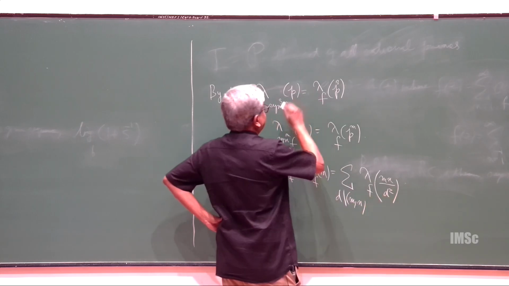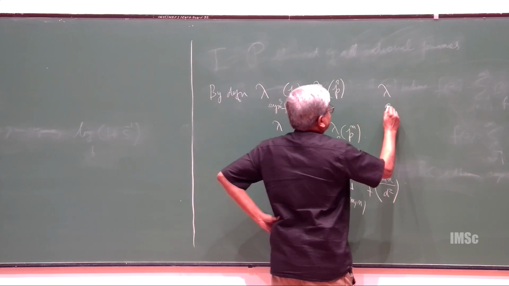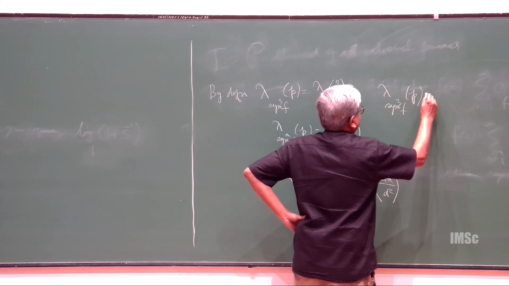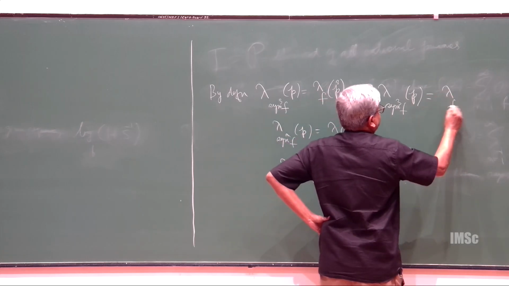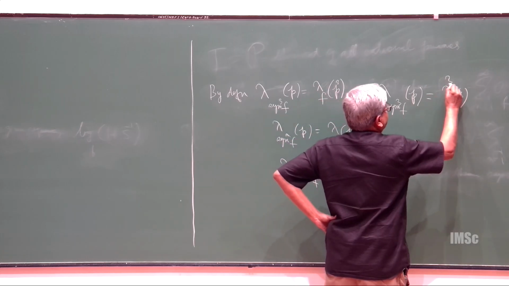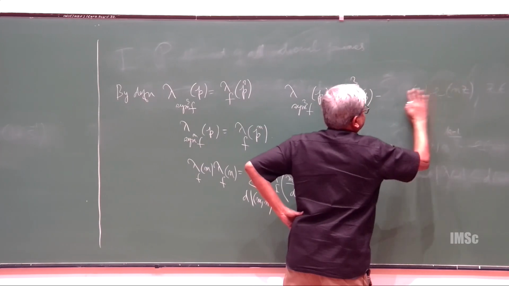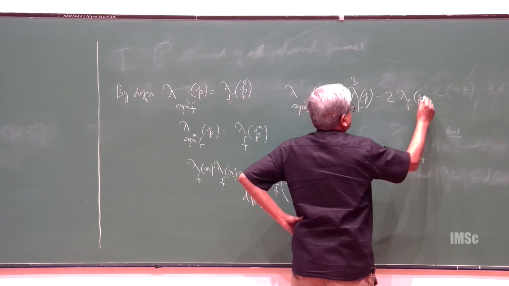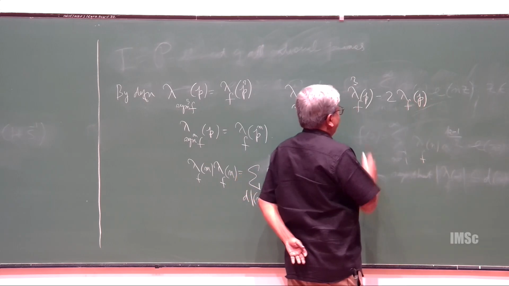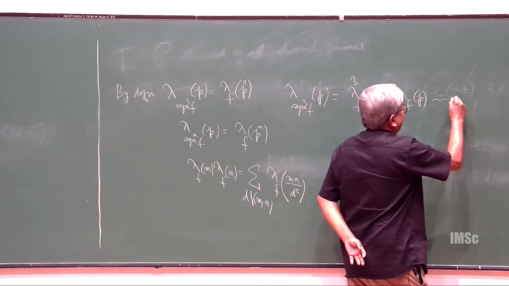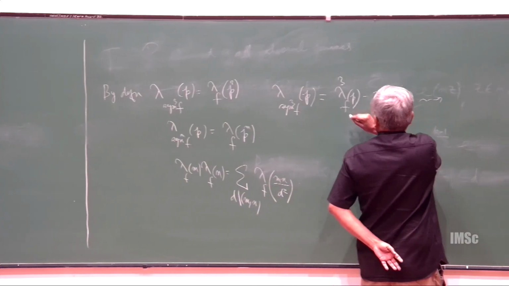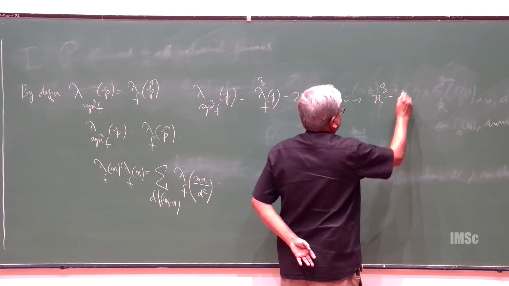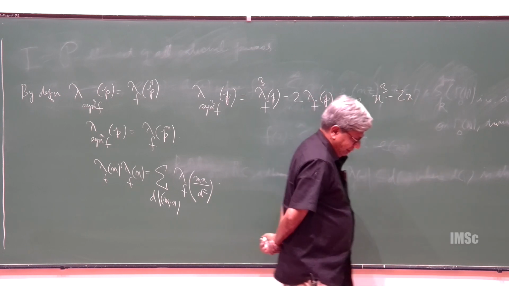So using this you will get lambda_{Sym^3 f}(p) is lambda_f(p)^3 minus 2 lambda_f(p). So if I think in terms of the continuous variable lambda_f(p) belonging to [-2, 2], this is nothing but the polynomial x cubed minus 2x.